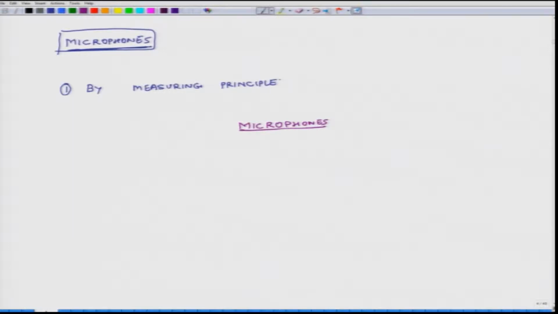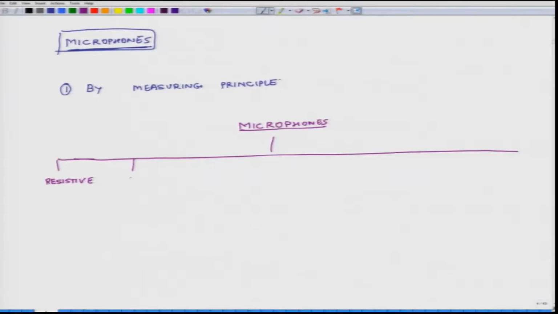Broadly speaking, we have 6 categories. So, in the first category these are resistive microphones. What they do here is they use the principle of resistance, where resistance connects voltage and current, V equals IR. So, we measure changes in resistance, and from that we try to figure out the value of pressure due to sound.